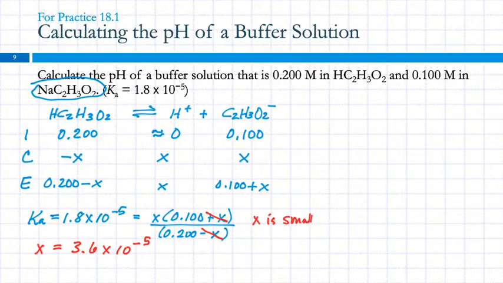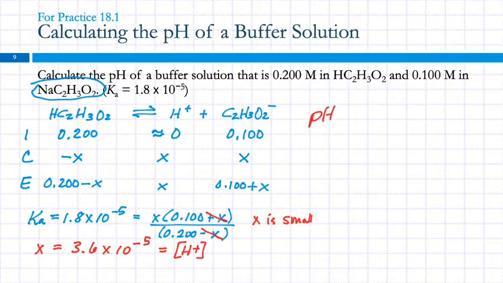So we found X, and we're all excited about that, and then we realized, oh, wait a minute, what was I supposed to find, and what does X mean? So X here represents the equilibrium concentration of the hydrogen ion. I'm trying to find the pH.